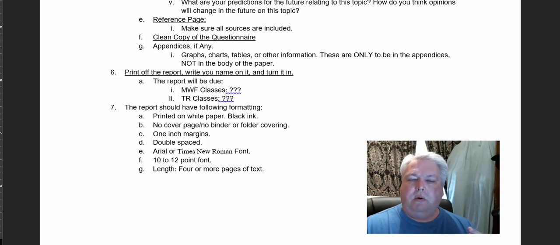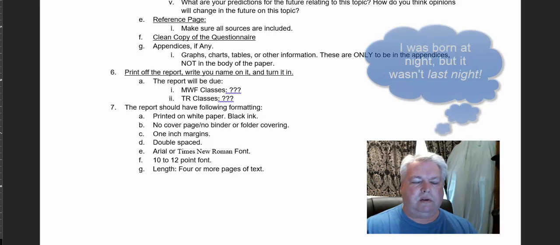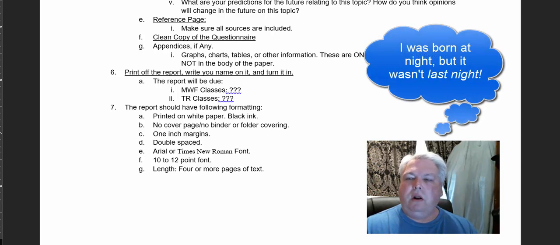So this is why I said in class, you don't put graphs, pie charts, tables, that kind of thing in the body of the text, because I already know how that works, right? The old game is put a whole bunch of pie charts in there, and then it looks like the paper is really longer than it actually is. If you want to put pie charts or tables in there, that's fine.